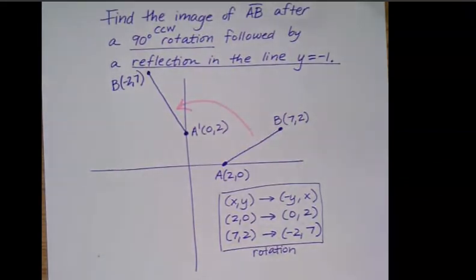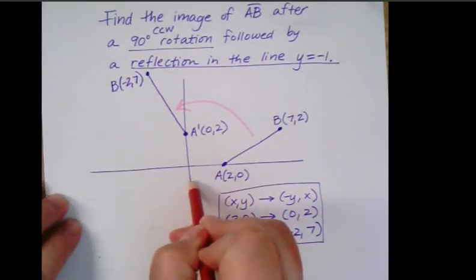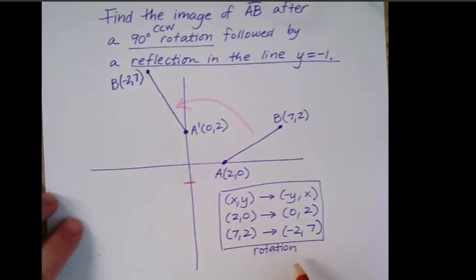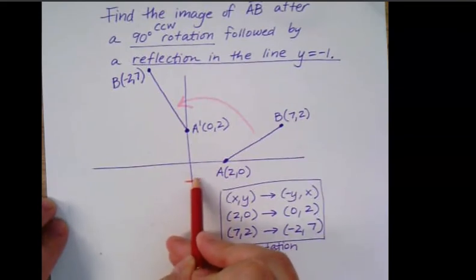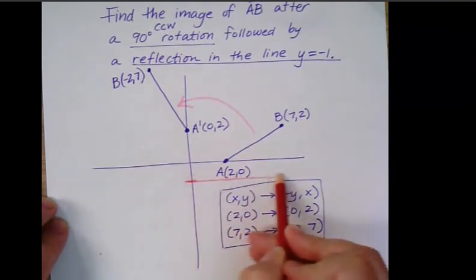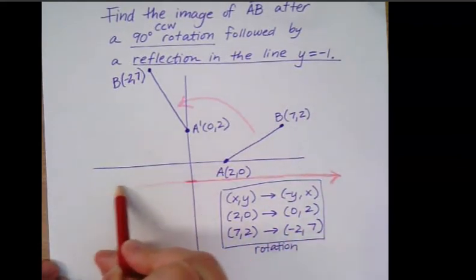Y equals lines are horizontal lines, meaning if I go to negative 1 on the y-axis, and I go to all the points that have that same height, this is the line y equals negative 1.